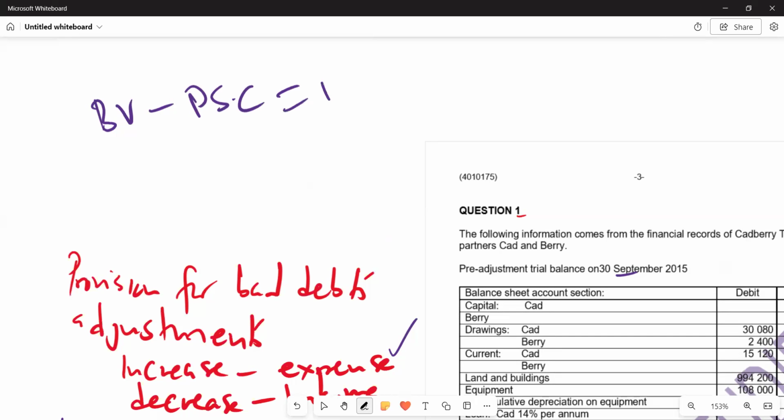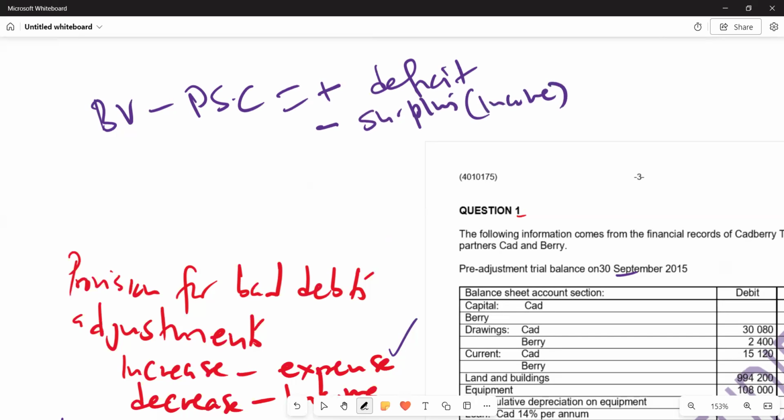If you get a positive figure, it means it's a deficit. If you get a negative figure, it means it's a surplus. When it's a surplus, it's income, and when it's a deficit, it's expense. Something that we have to take note of.